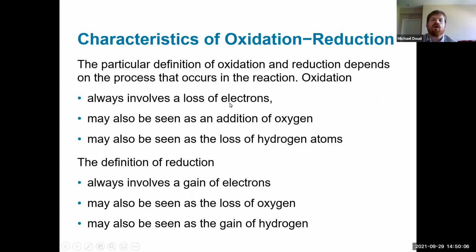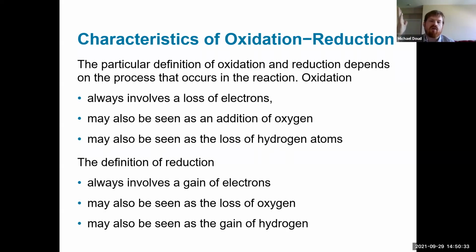Okay, so whether or not you can identify an oxidation reaction is kind of important. So we want to give you some general ways of looking at them. Remember that oxidation is always going to involve a loss of electrons. And sometimes it's easier to track it by tracking the addition of oxygen.